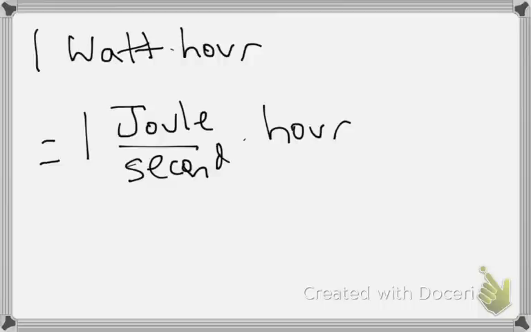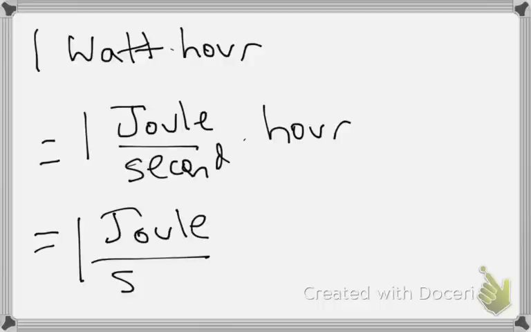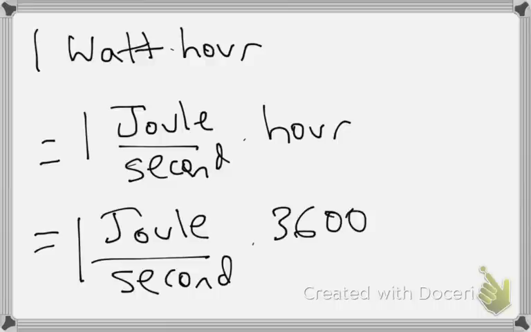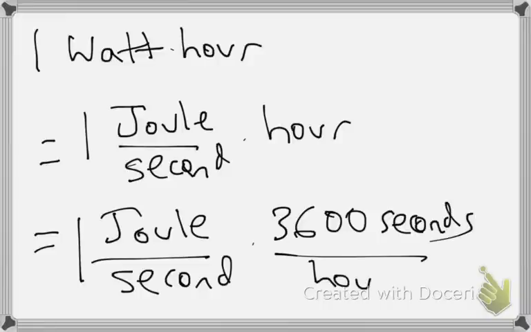Remember that there are, or you may not know, but it turns out there's 3,600 seconds in an hour, because there's 60 seconds in a minute. 60 times 60 is 3,600 seconds in an hour.